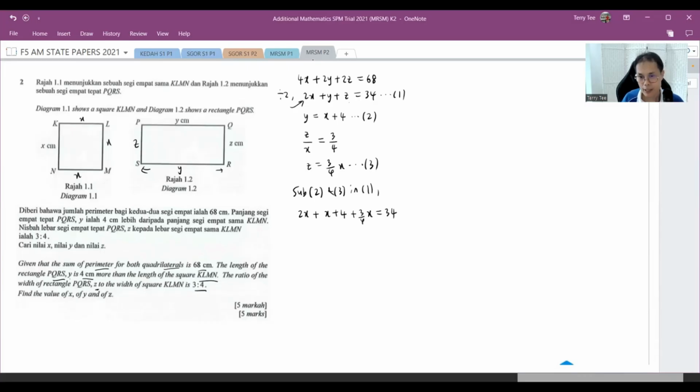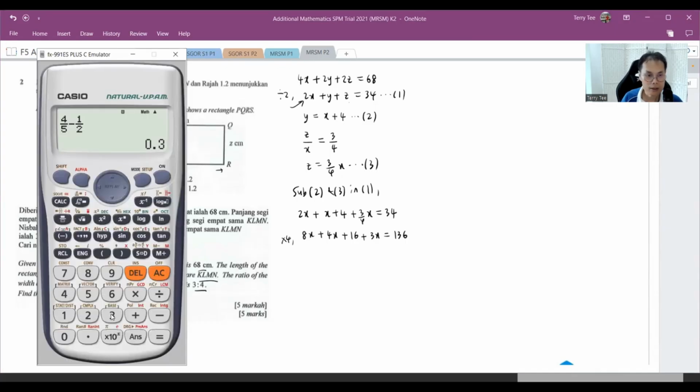Now, if you have a fraction, you don't like the fraction, it makes it complicated. So you just multiply everybody by 4. So this is 8x plus 4x plus 16 plus 3x. 34 times 4 is 136, right? You can't do it mentally, just use your calculator.